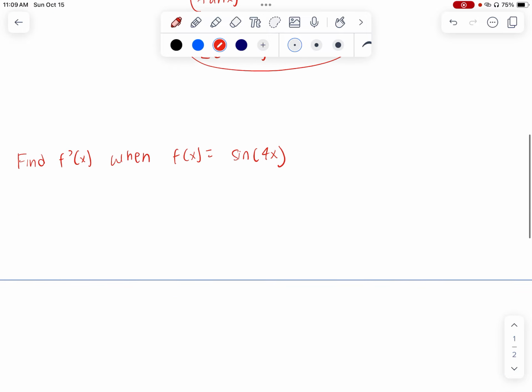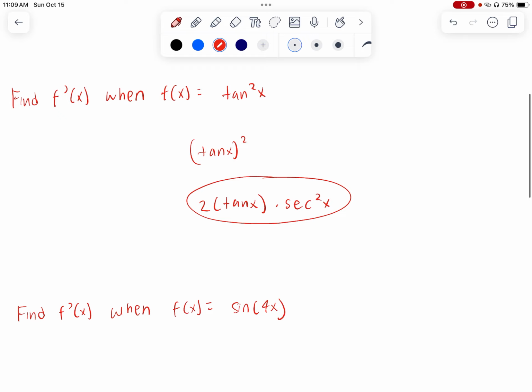Let's go on to the last one, which might be a little confusing. Find f prime of x when f of x equals sine of 4x. In this case, the trig function is on the outside. It's not like before, where the exponent is on the outside. Here, the sine is on the outside.